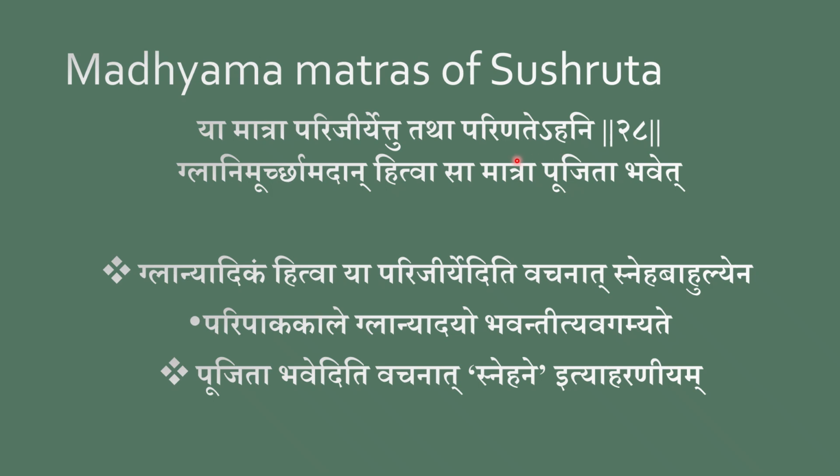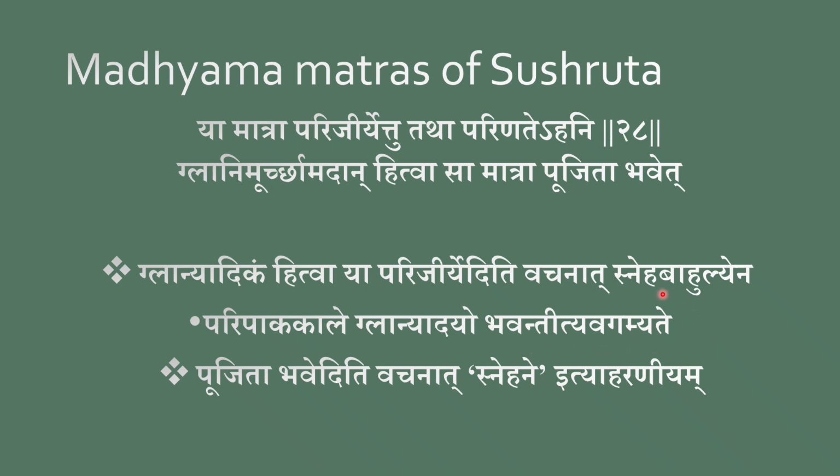Pujita. Pujita for what? Pujita for Snehana, that is Snehana before Shodhana. We can use this Madhyama Matra. "Glanyadikam hitva ya parijiryeti vachanat snehabahulyena paribhagakale glanyadayo bhavantiti avagamyate."